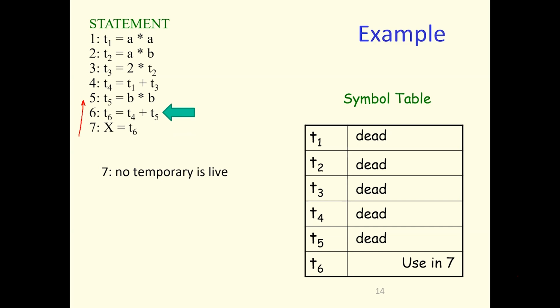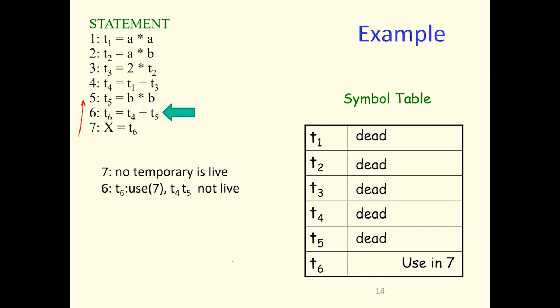At line 6, I have to do multiple things. First, I have to set line 6 to hold information about T6, because that is what is getting defined here, and then we have to modify the symbol table. So line number 6 has the information.